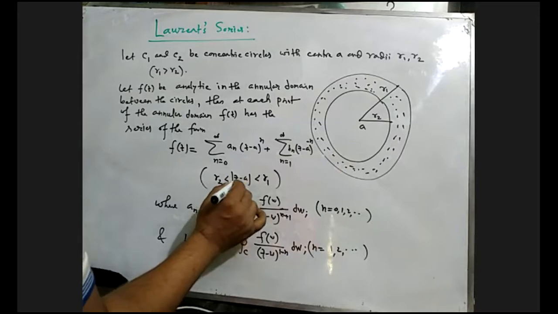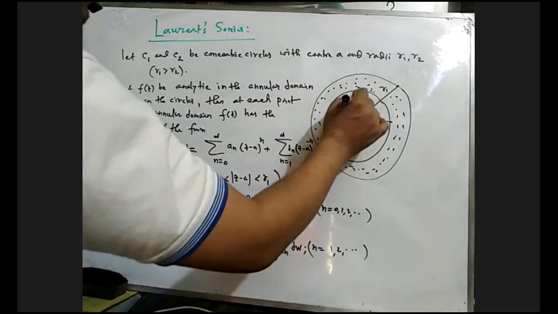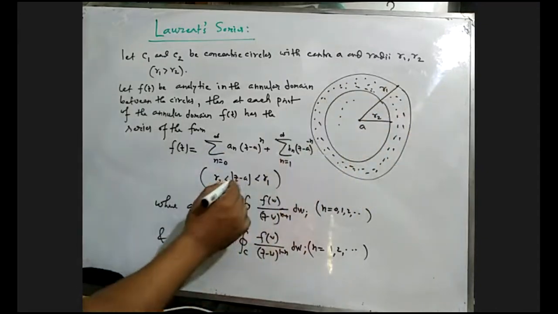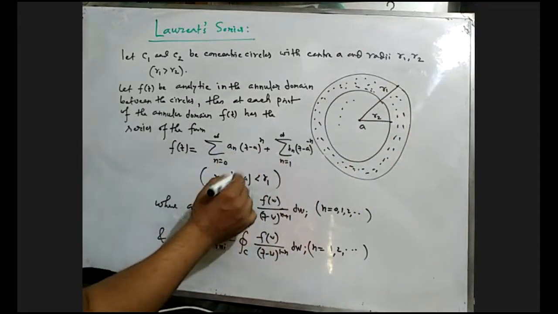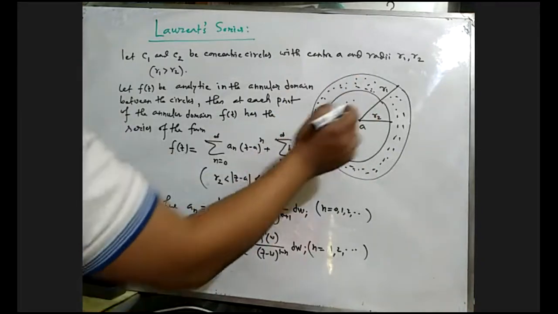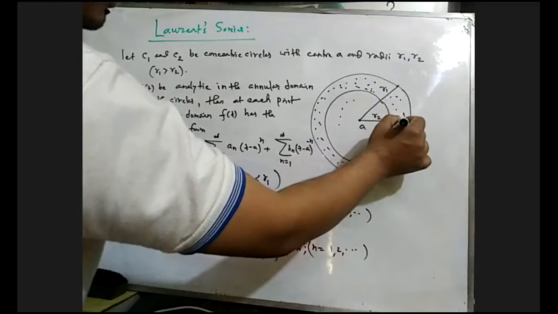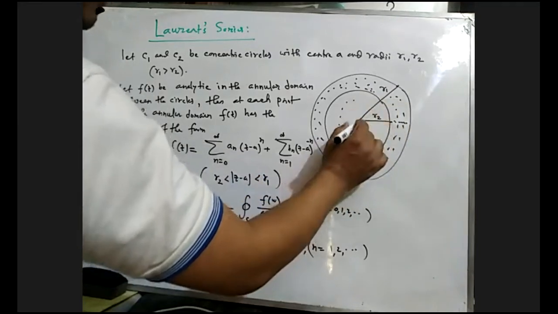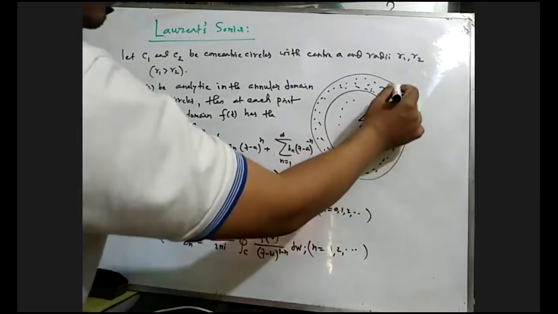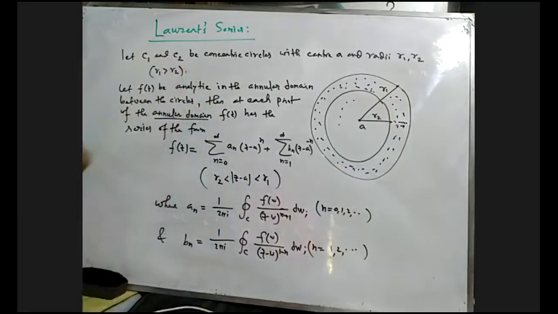That means modulus of z minus a, there are many points z with center a in this region. So z minus a will be the distance between every point z and the center, which lies between R1 and R2. There are many points, Z1, Z2, Z3, Z4, Z5. So every point's distance from the center a will be greater than R2 and less than R1. That means this is called the annular domain.